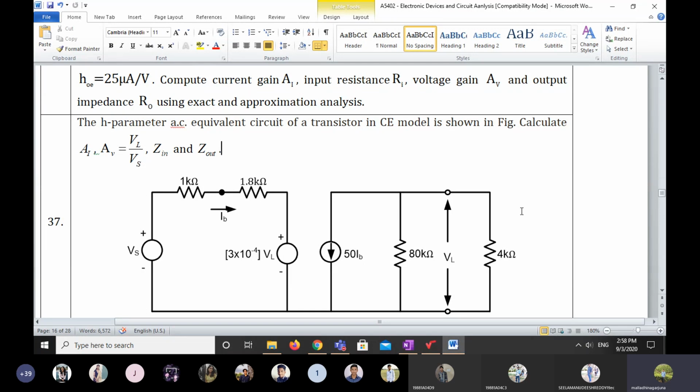Yes. In the place of HFE IB, 50 is there, no? So 50 is HFE. HOE value? 1 by 80K. Yes. So like this, whatever the question gives, first you identify whether it is simplified or exact, then take the necessary formulas and substitute.